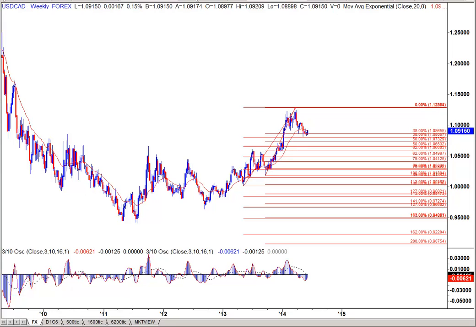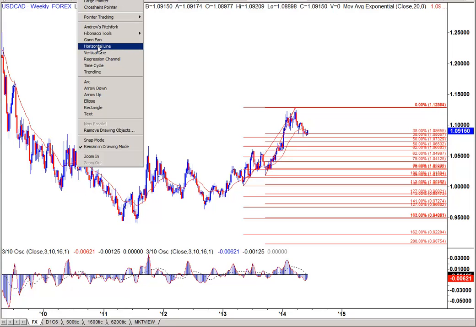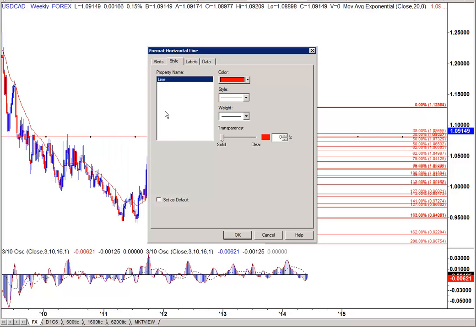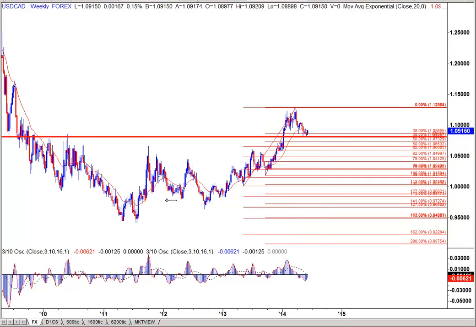So what we're going to do is we're going to drop a horizontal line. As you can see right here, if I drop that horizontal line, we can see that the price has related to all this action back in the past.